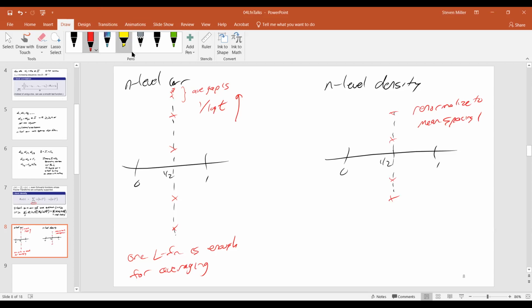And so because we only have a small number of zeros, we need to average over similar L functions. And again, we need a large number of objects. Over here for the n-level correlation, we have so many zeros in a small interval as we go high up that we're good. Over here for the n-level density, we don't have that many zeros near the central point. So we're going to have to average over a bunch of similar ones.